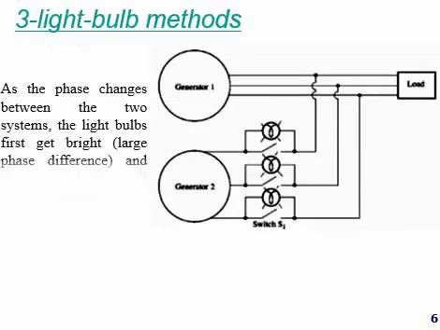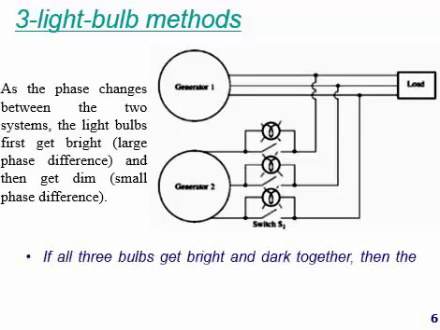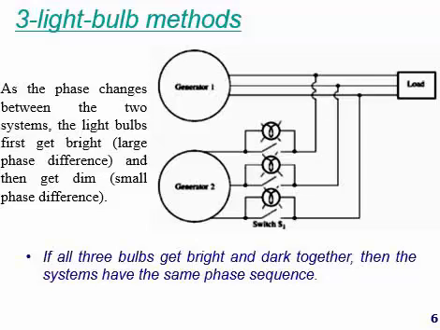There is a three light bulb method to check the phase of the oncoming generator G2. As the phase changes between the two systems, the light bulbs first get bright, which means there is a large phase difference, and then get dim, which means there is a small phase difference.